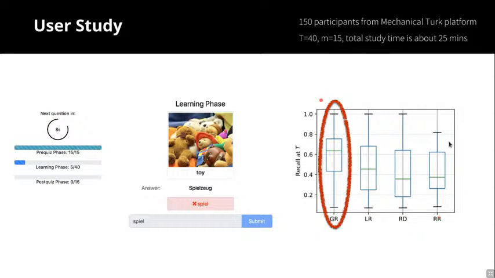So the greedy algorithm's final score, the average score for the average learner over the user study, is 65, which is marginally higher than all the other baselines. And concretely, we run the experiments for several different types of tasks. For example, we try to teach.